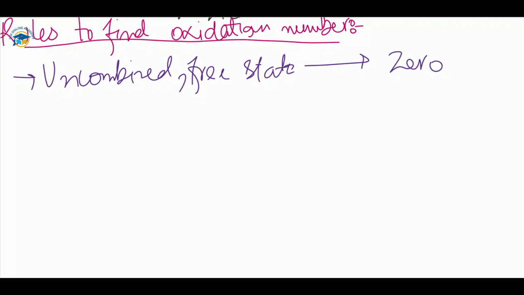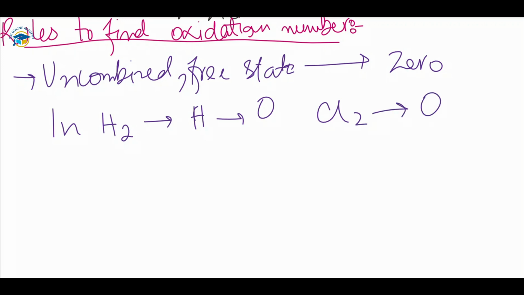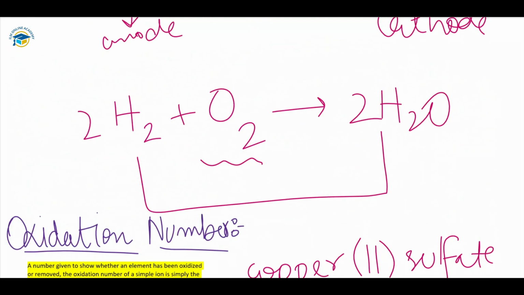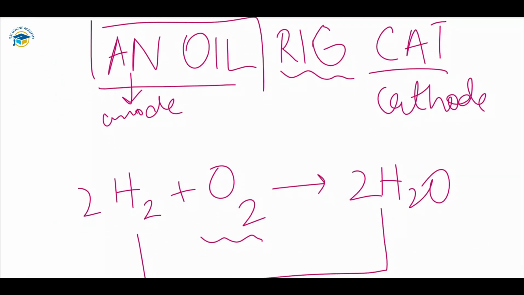For example, in H2, the oxidation state of hydrogen is 0. And in Cl2, another example, the oxidation state of chlorine is also 0. Now I will move toward the previous example which we have done here.